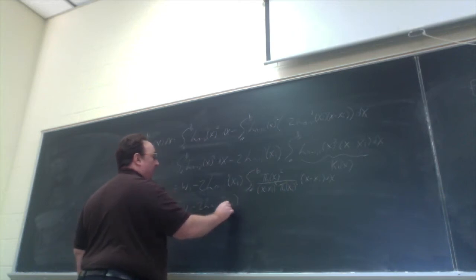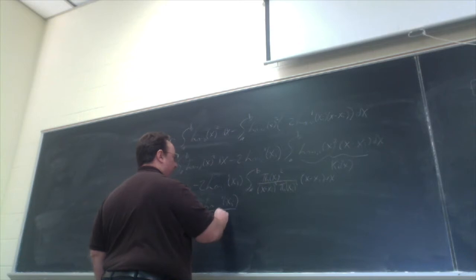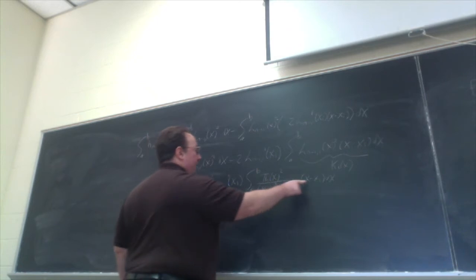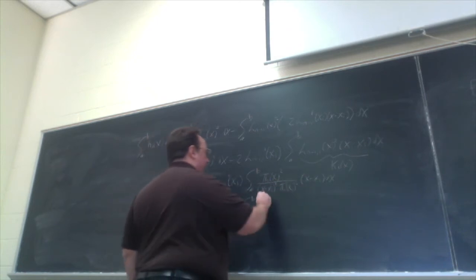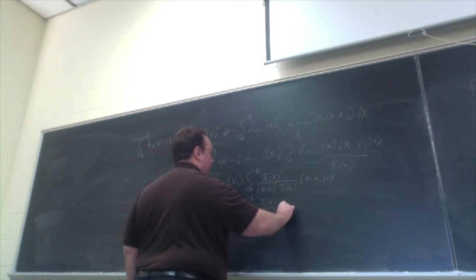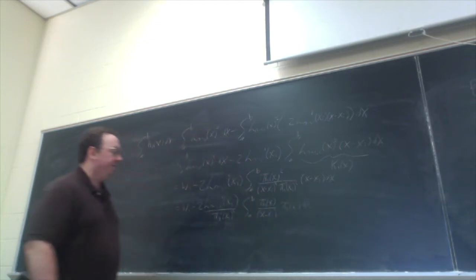So now I will simplify that as much as I can, or see what I can pull out. For one thing, I can pull this out. And then what's left is, okay, one of these will cancel with that. So now I have pi n of x over x minus xi, and then I have the other pi n of x over here.